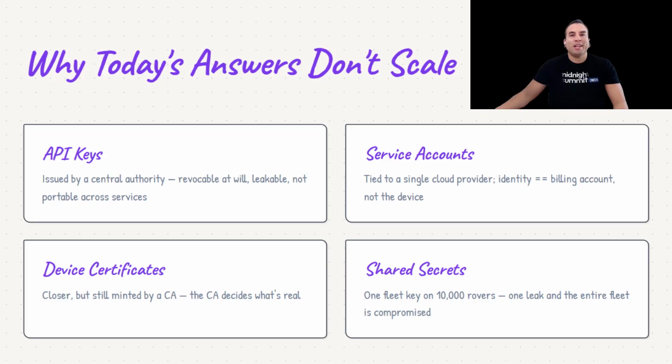That's a line item on an invoice. Third, device certificates. They're closer, but the certificate authority still decides what's real. And fourth, shared secrets. Imagine one fleet key distributed into 10,000 rovers. One leak and the entire fleet is compromised. None of this is scaled to a world of billions of autonomous agents. We need something fundamentally different.